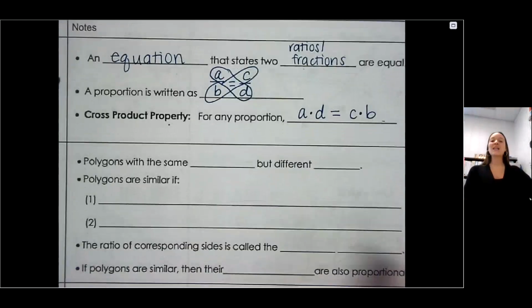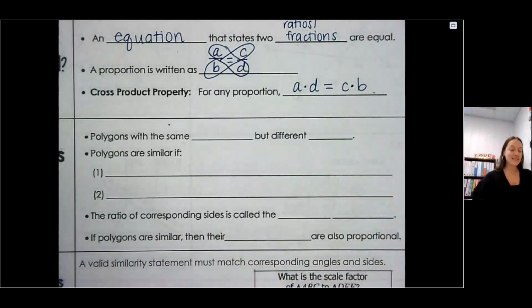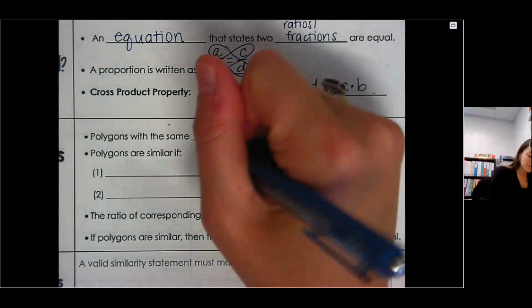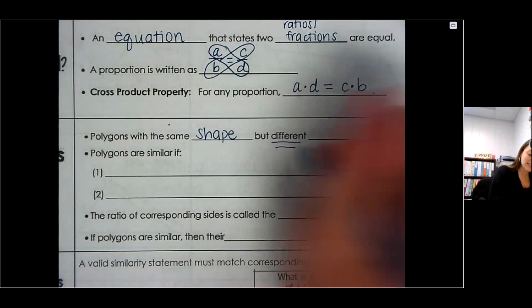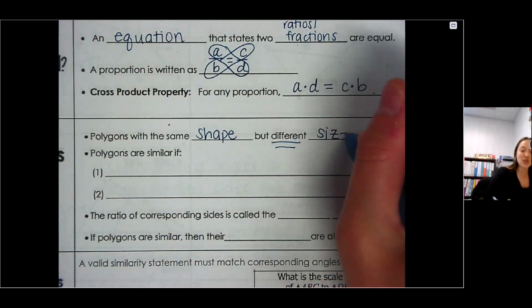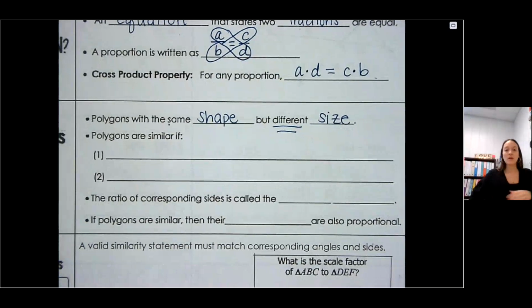So a polygon that has the same shape but a different size is a similar polygon. Same shape, different size. Okay, polygons are similar if they have two different properties. Property number one, corresponding angles are congruent.